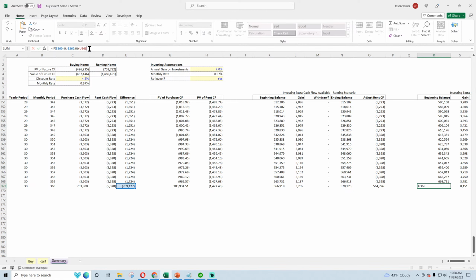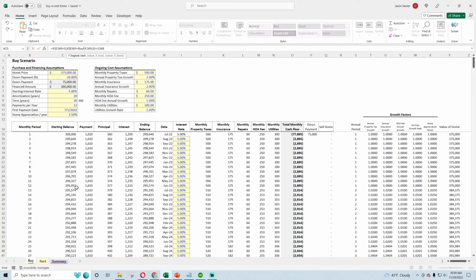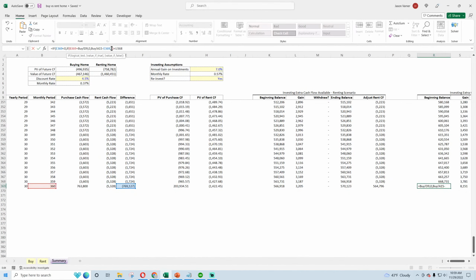So plus E or minus E, we want to say if this is equal to our end period here, then 0, otherwise that. Whoop. What the heck? Hold on. Undo, redrag down.